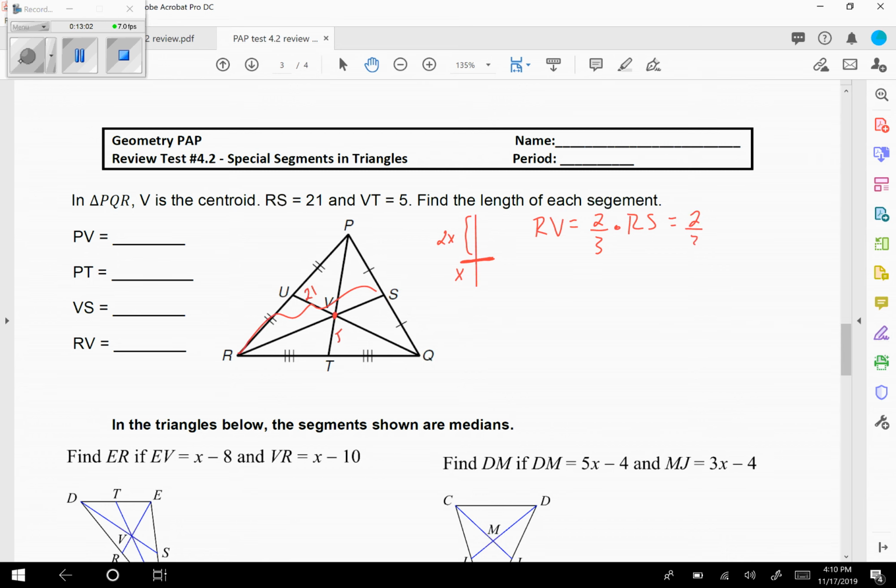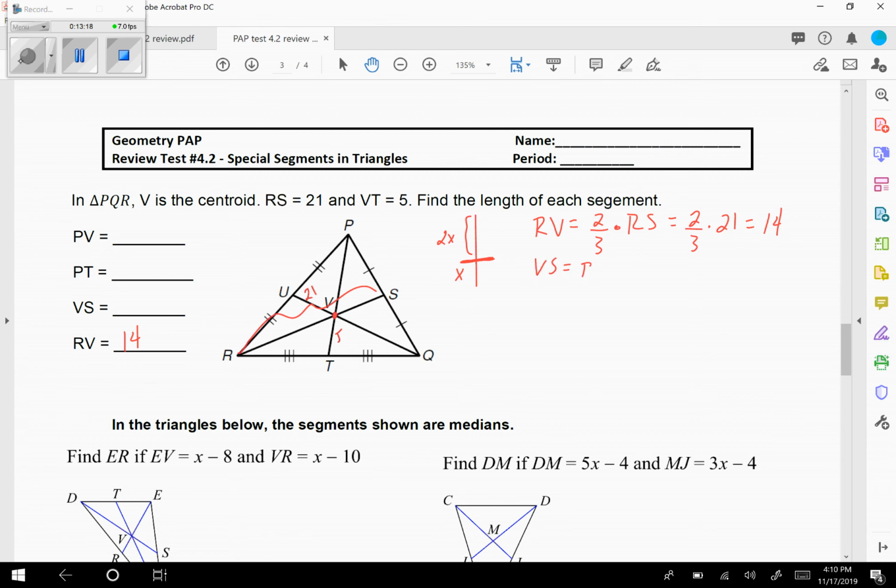So we have 2/3 times 21. So 21 divided by 3 is 7. 7 times 2, that's 14. So RV is 14.